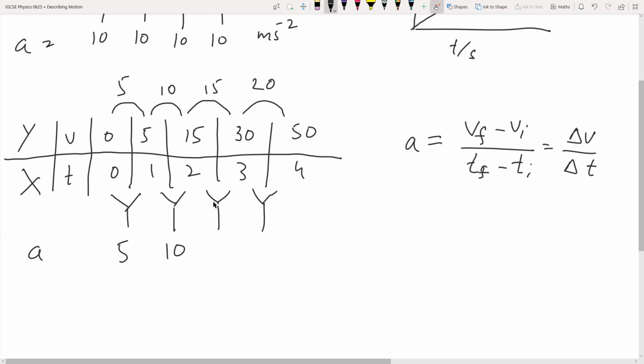By dividing each by 1 it is going to be 15 and then 20. Now as you can see, the speed is increasing and the acceleration is also changing. So this is variable acceleration, right?